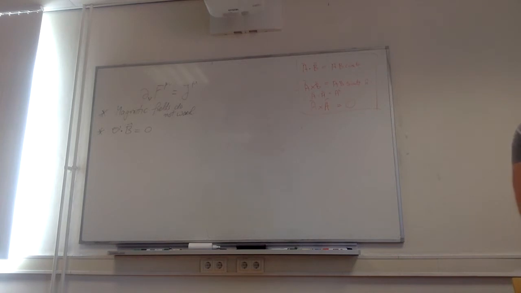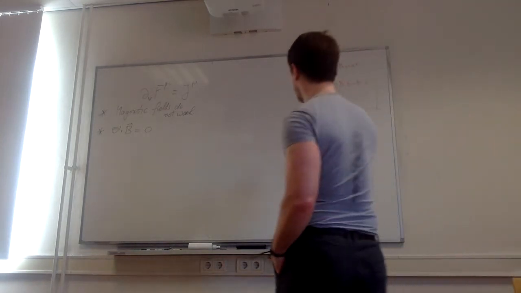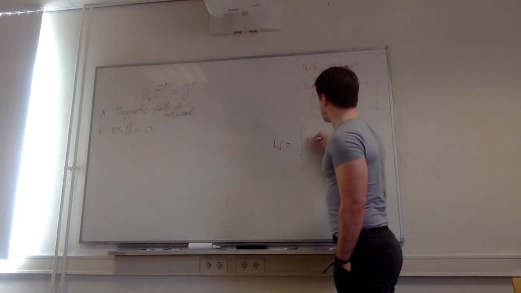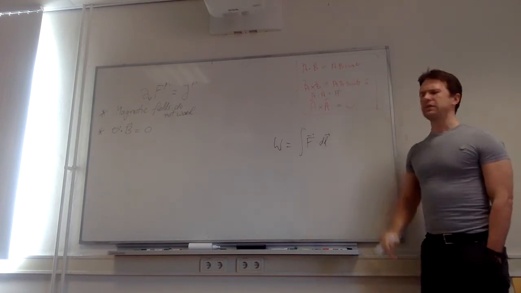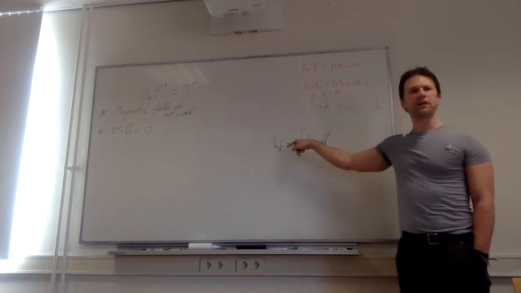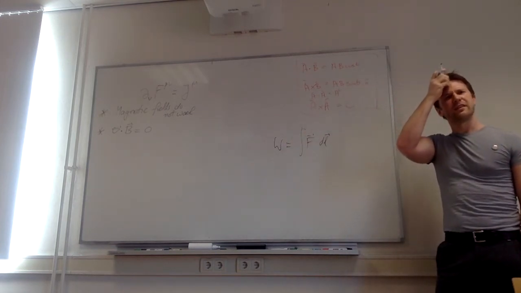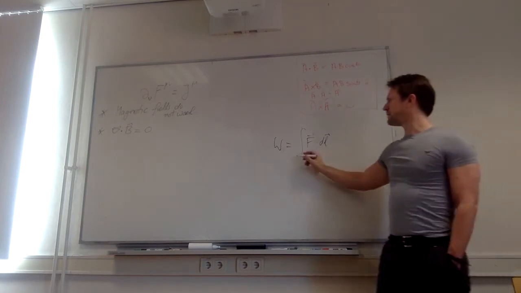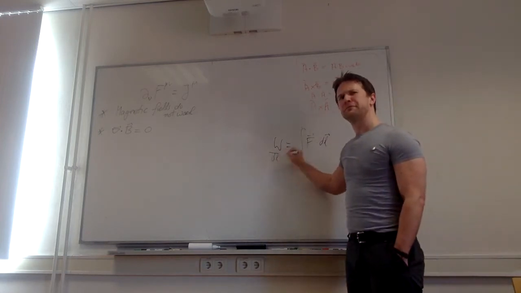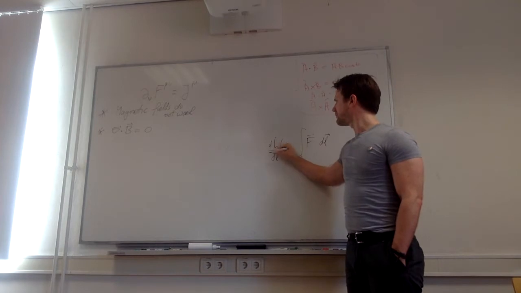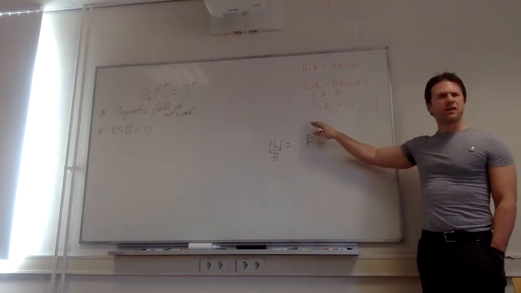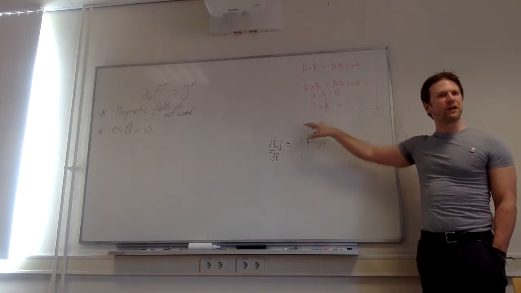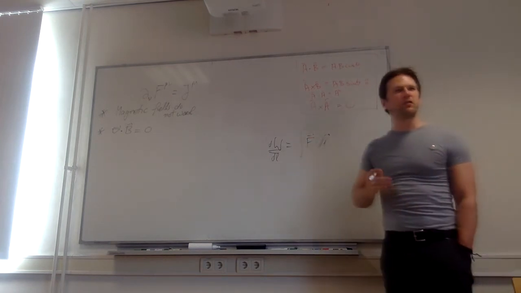And if you take the position derivative of the magnetic field, that's 0, and here's your definition for work. If you put dl on the other side, something like this? Aside from vector issues, because I now have a vector on one side and a scalar on the other side, so I'm doing something wrong.